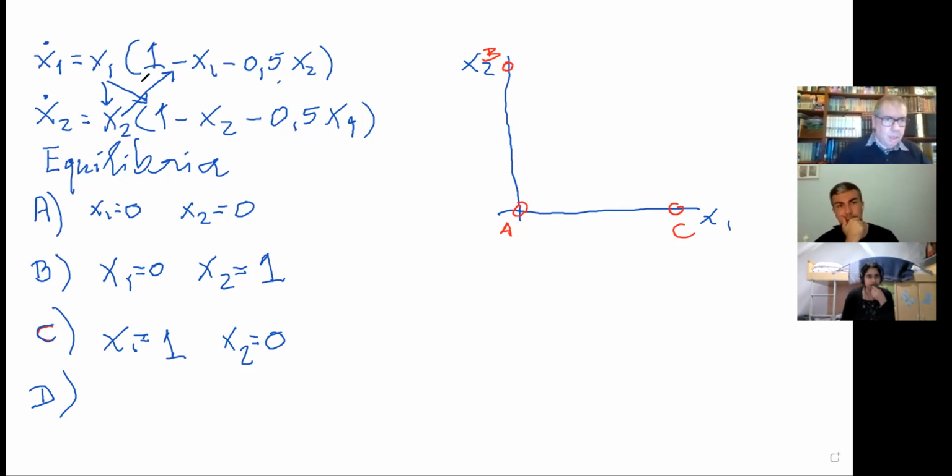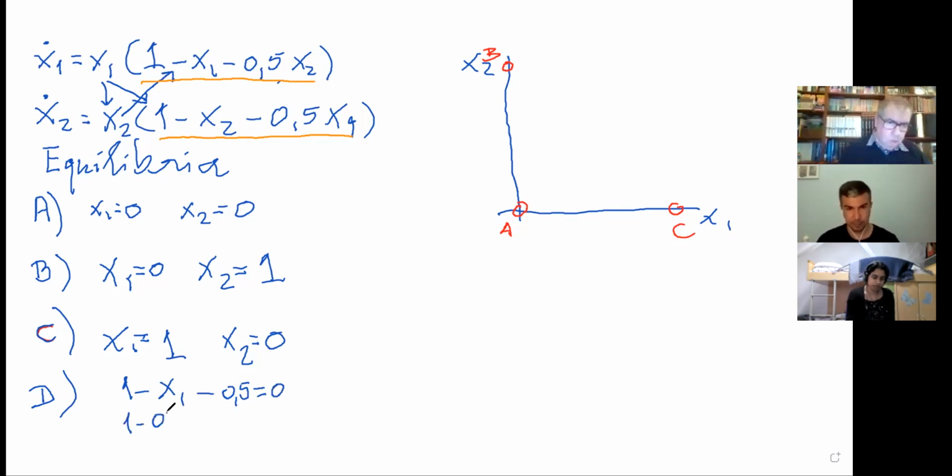Yes, when both terms are equal to 0, we have 1 minus x1 minus 0.5 x2 equal to 0 and 1 minus 0.5 x1 minus x2 equal to 0. Now, how can I solve these equations?